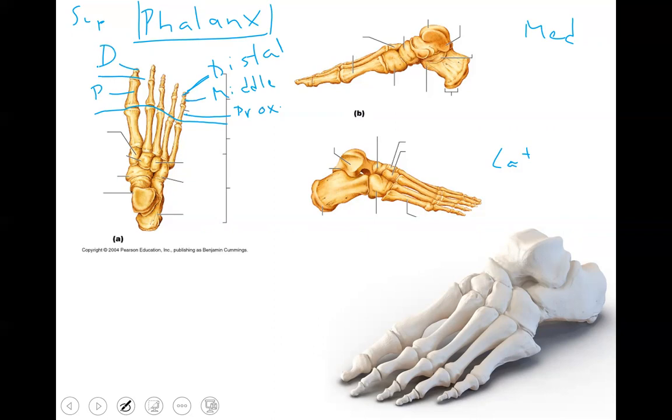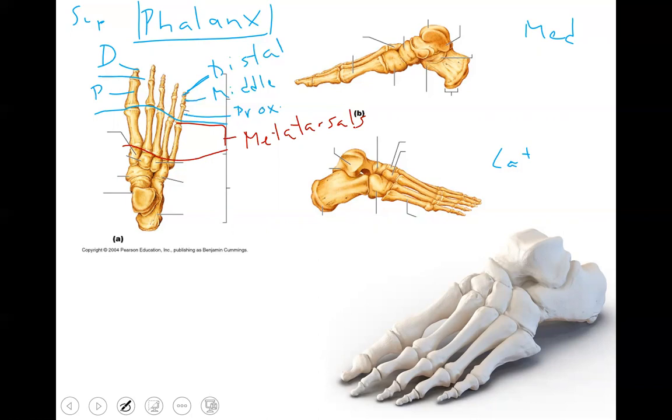Okay. The next group of bones of the foot conveniently are called metatarsals. Okay, so we learned about the metatarsal region, the superior side of your foot. These 5 bones are your metatarsal bones. And so to talk about each one of them individually, we use Roman numerals.